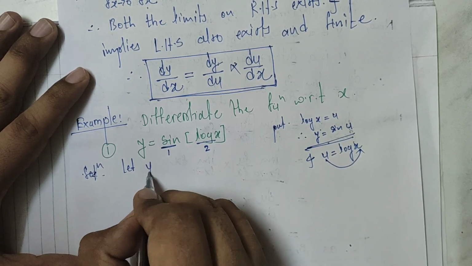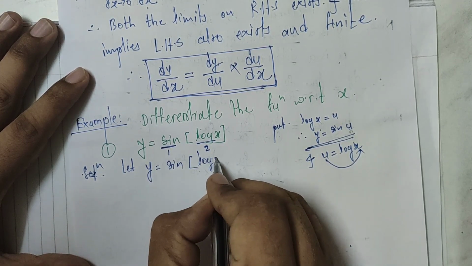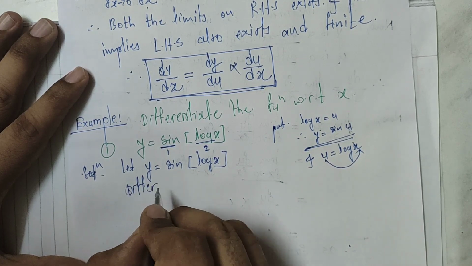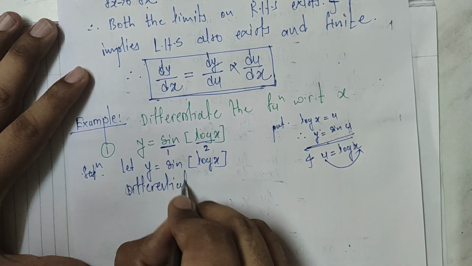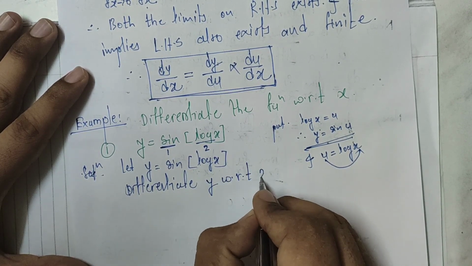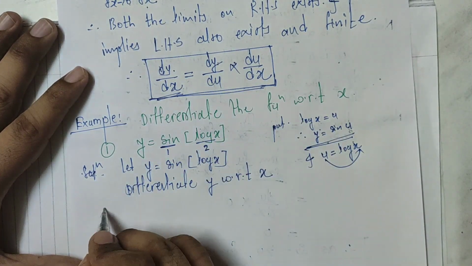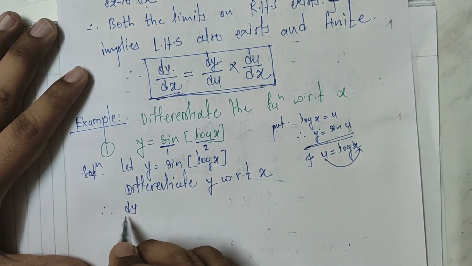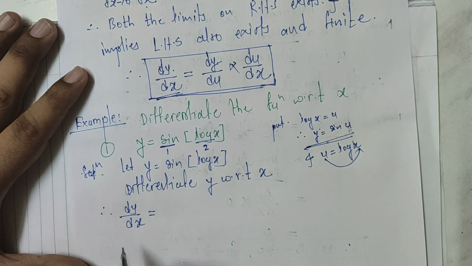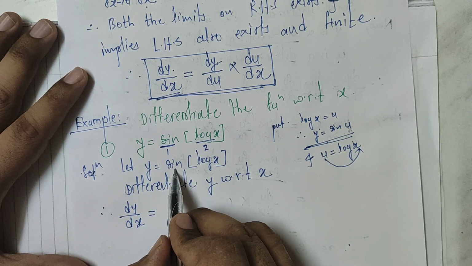Let y is equal to sine of log x. Differentiate y with respect to x. Therefore, dy upon dx is equal to, first of all, see which function comes first.